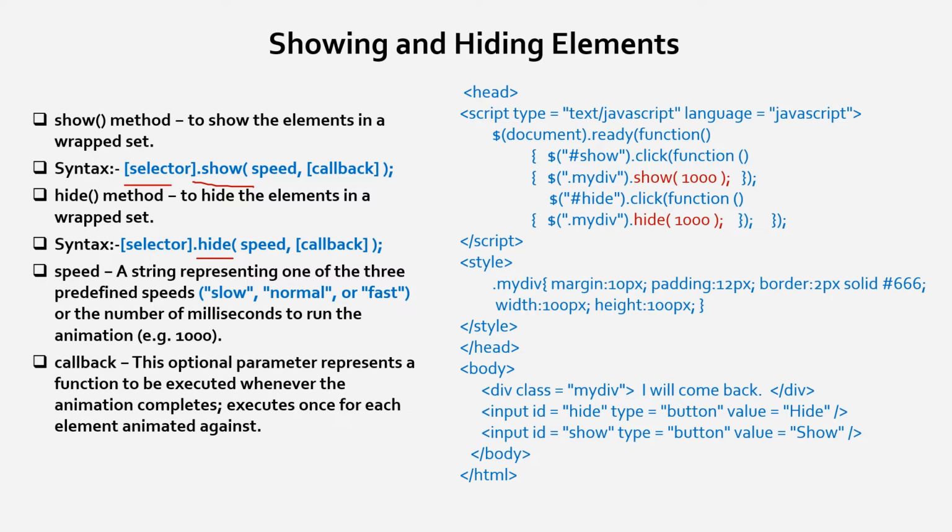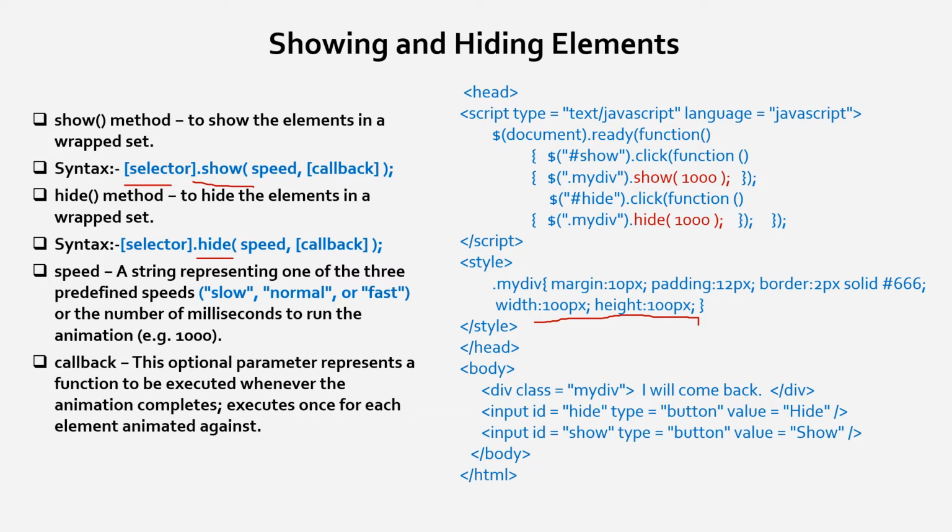Similarly, hide also has the same syntax. Instead of show, you need to write hide, speed, callback, and the same thing. Now we'll see the program. Suppose we want to display a box of size 100 by 100.